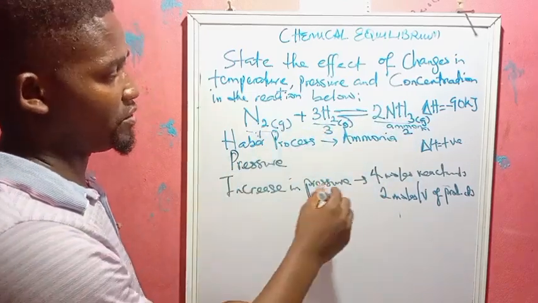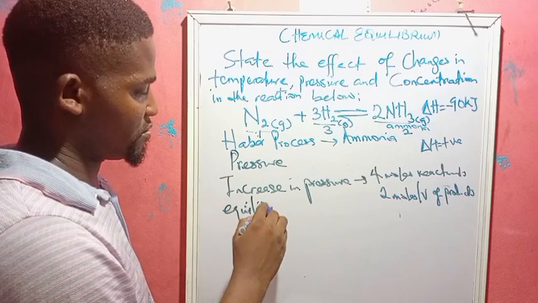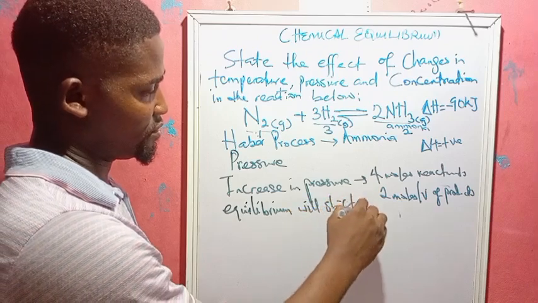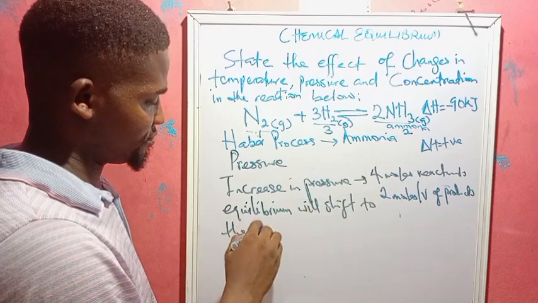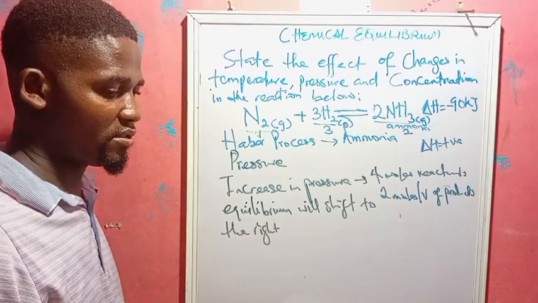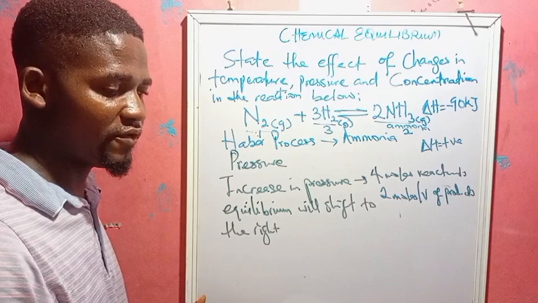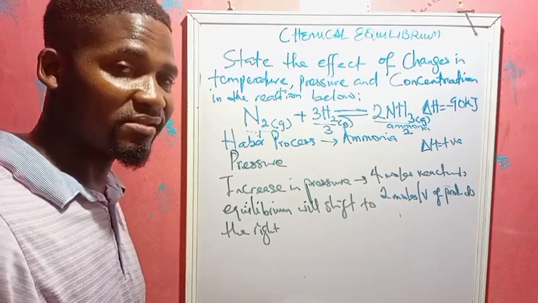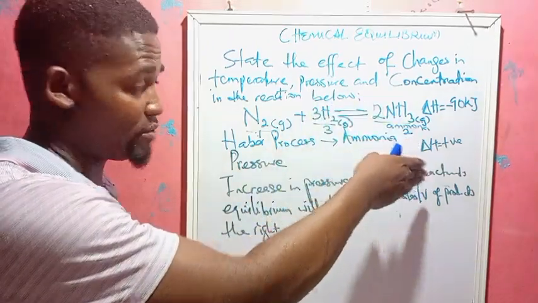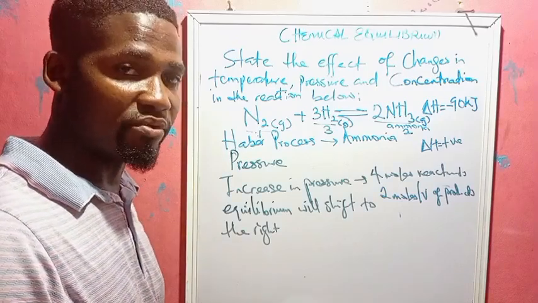So if we increase the pressure here, the equilibrium position will shift to the right, because any change, the equilibrium position shifts the direction so as to neutralize the change. So if we increase the pressure here, it moves to the right where there is low pressure, such that the reaction remains in equilibrium.